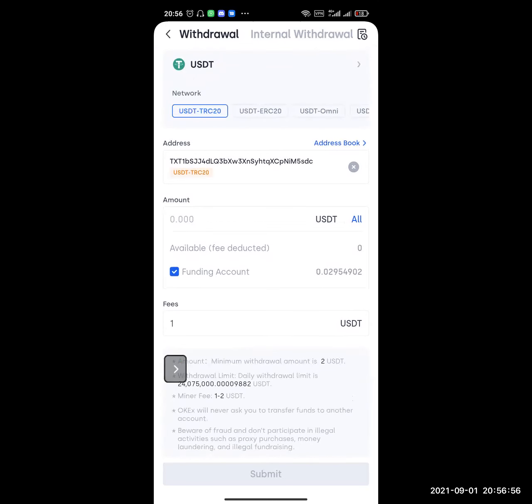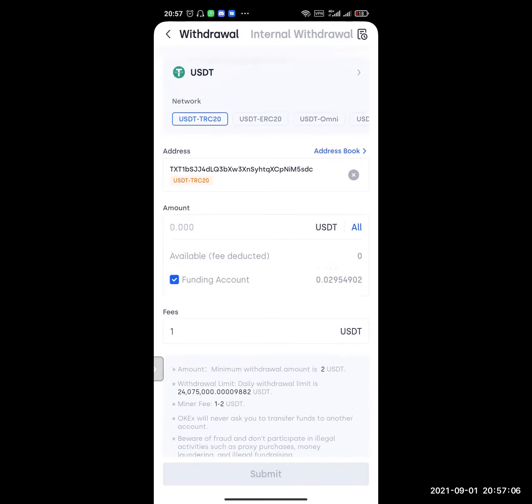It means that USDT is built on different networks. So TRC20 means Tron, ERC means Ethereum, Omni, Algo, Agora Network.